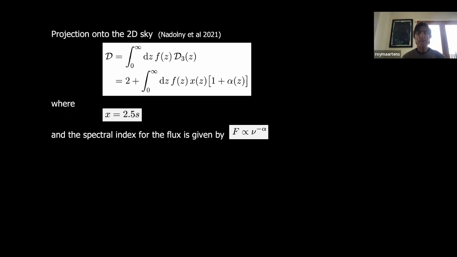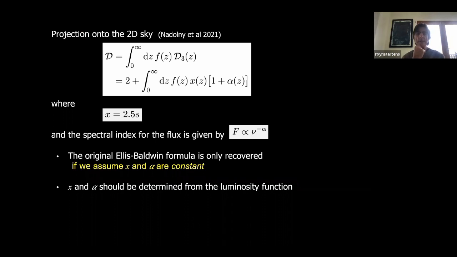This is what we would have in the Ellis-Baldwin formula if it had been derived from first principles. Alpha is a spectral index of the flux densities of the sources, but you can see that the original Ellis-Baldwin formula can only be recovered from the correct expression above if we assume that x and alpha are constant.